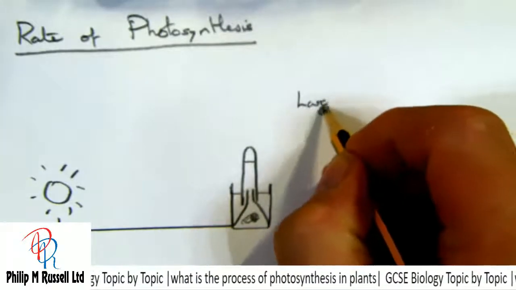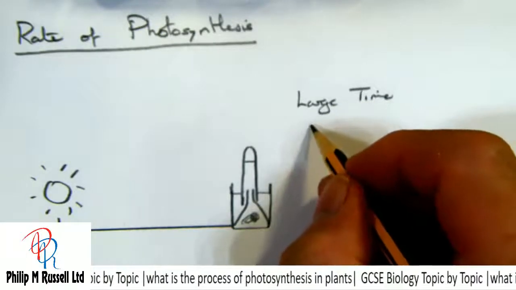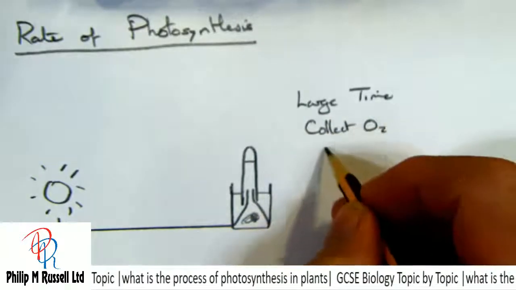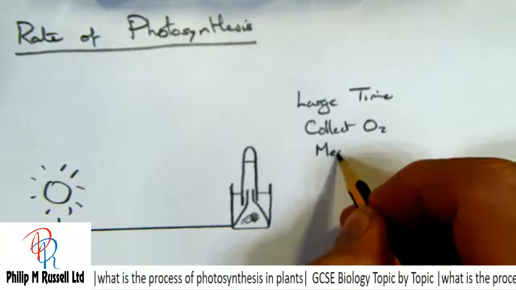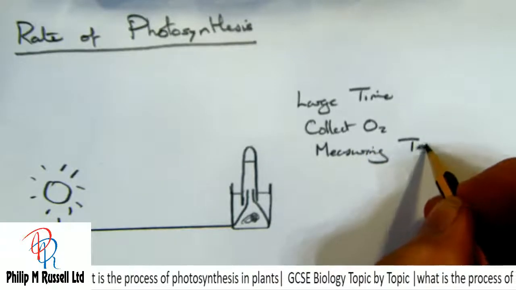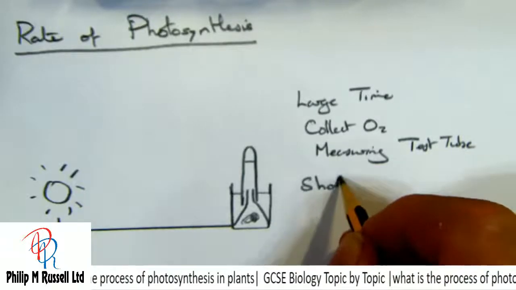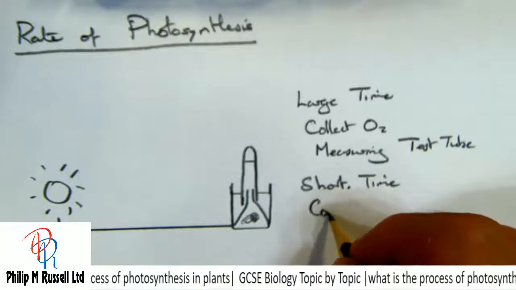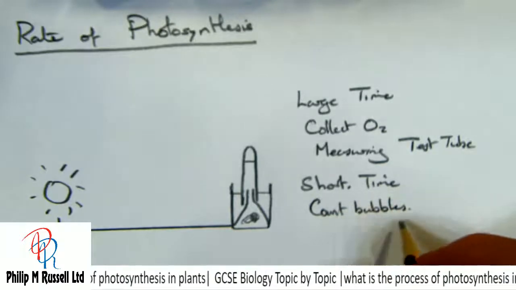So over a large time period, I would simply collect the O2 with some sort of measuring. Here I use a test tube. If I'm doing it over a short period of time, then I would count the bubbles. But it's got to be from the same point.